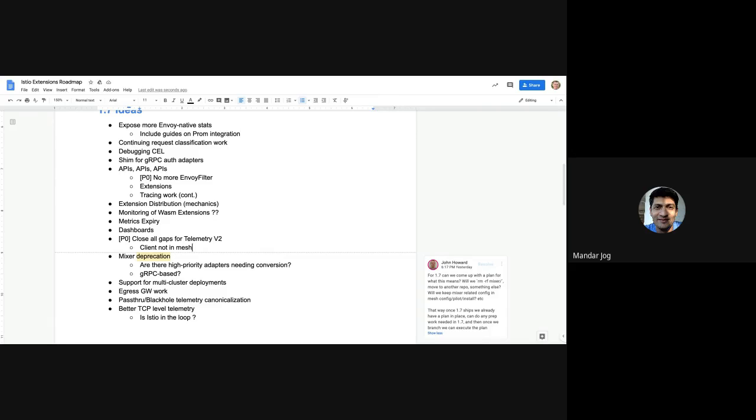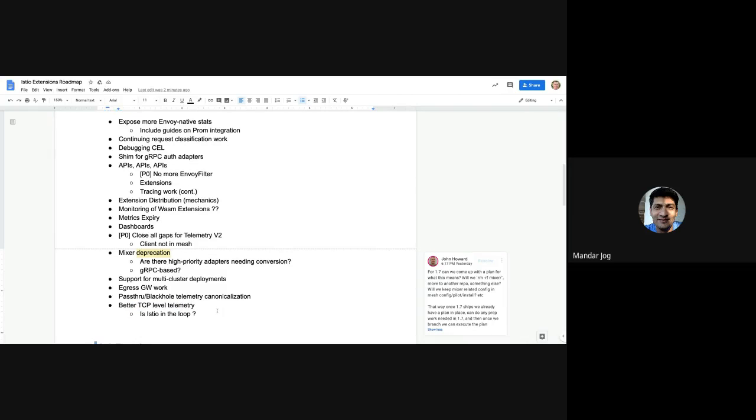So there are some gaps in Stackdriver v2 telemetry, which we should fill, right? TCP access logs. Yes.